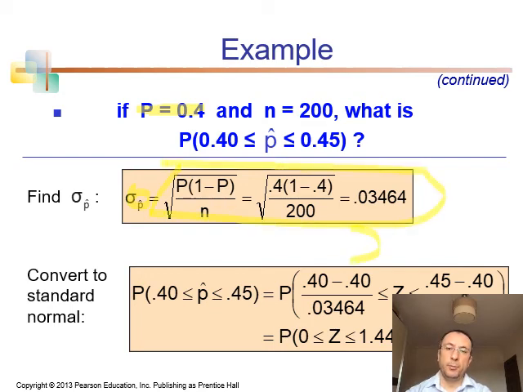And we put those numbers into the equation. And we find the probability of the standard normal distribution. And from there on, we can use the standard normal distribution table to find the probability.